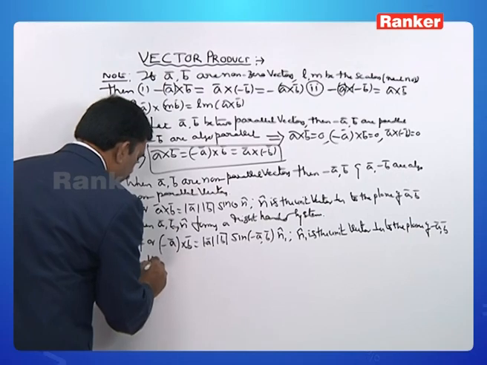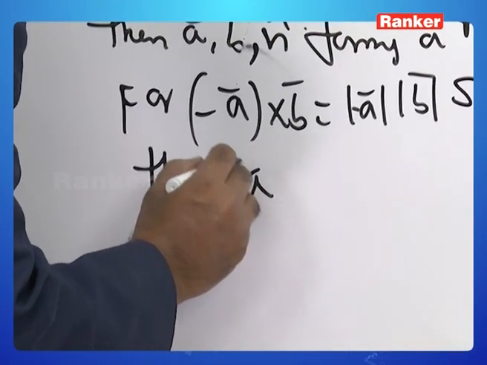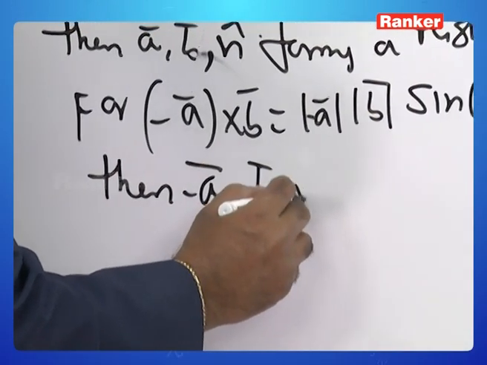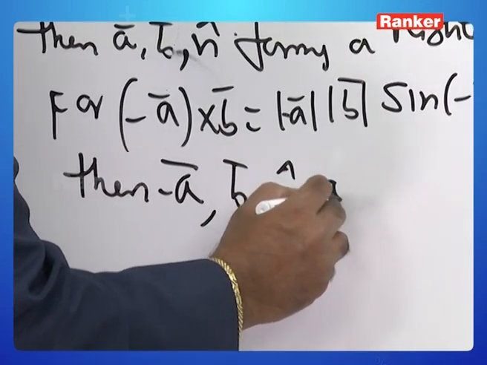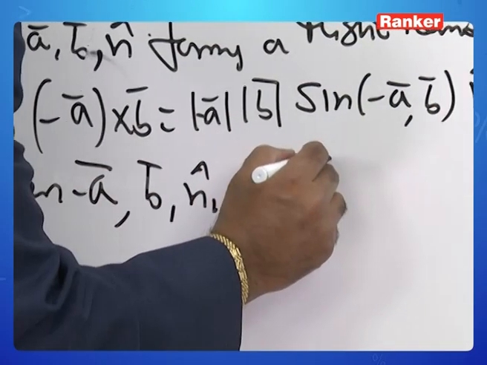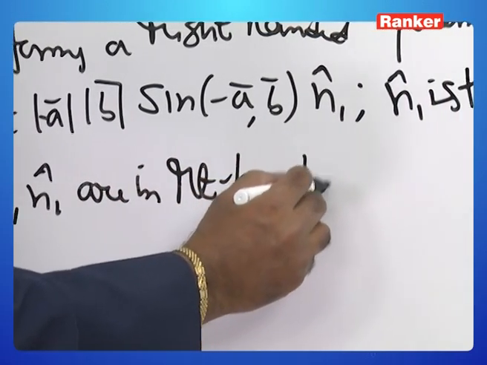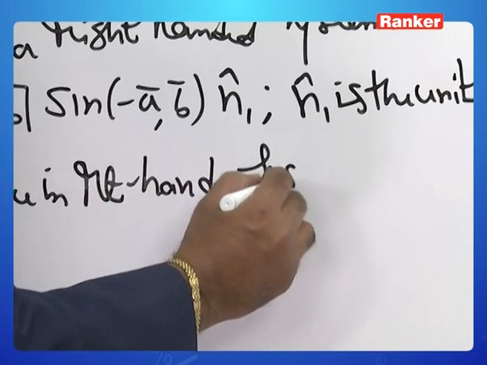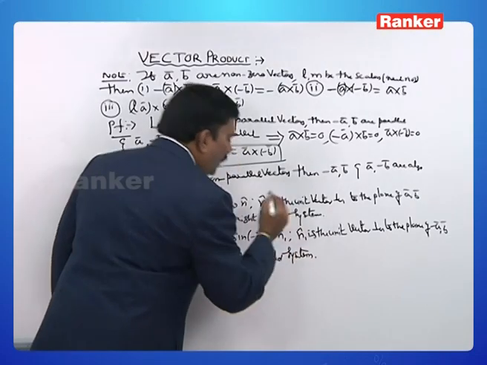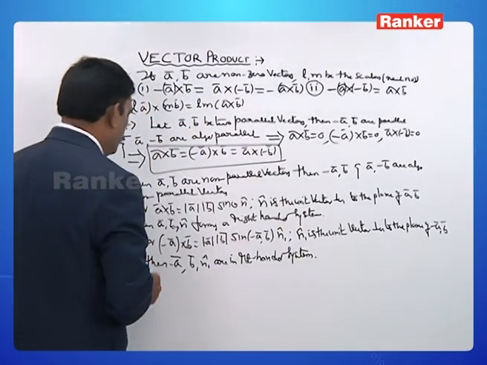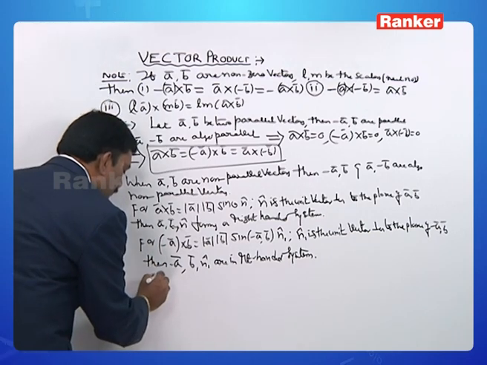Then minus A bar, B bar, n1 cap are in a right-handed system.